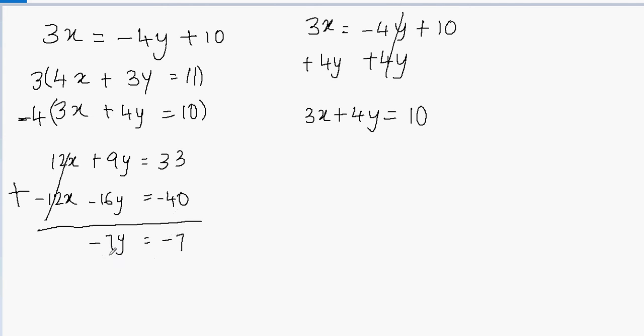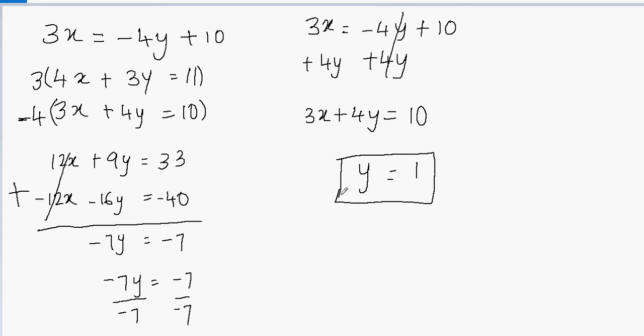So here you can see that I've got negative 7y is equal to negative 7. Now since I want to get y by itself, I can divide both sides of the equation by negative 7. And here, negative 7 divided by negative 7 will be 1. So y will be equal to 1.